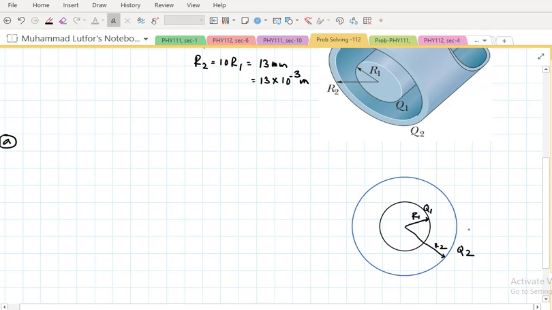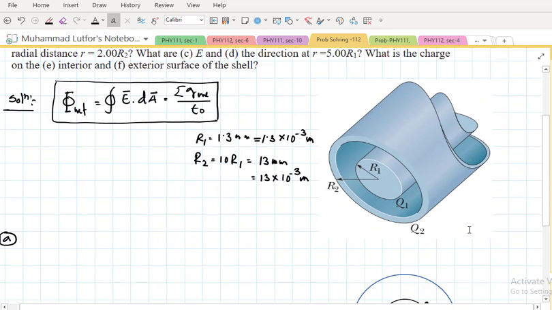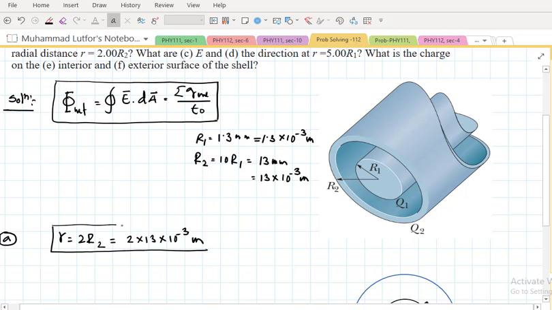That's given. Now in the first case, we will choose a Gaussian surface whose radius r is 2r2, that should be basically 2 times 13 times 10 to the minus 3 meter. It means that my Gaussian surface must be outside of the spherical shell, right?